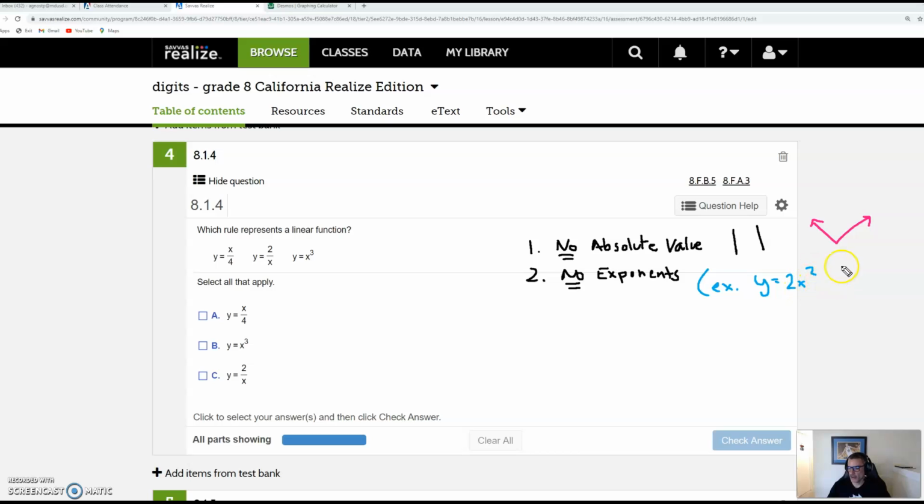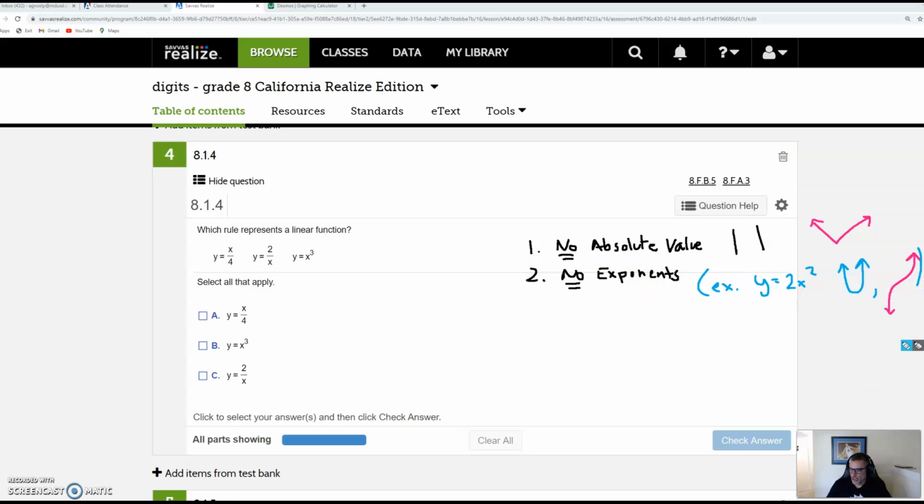This is going to create a graph that looks something like this. It's going to curve. It's going to make this U shape. And you're actually going to study this a lot next year in algebra. But anytime you have an exponent on a variable, you're going to get all these kind of crazy curves. You might get one that curves like this. You might get a graph that curves like this. So we want to make sure there's no exponents.